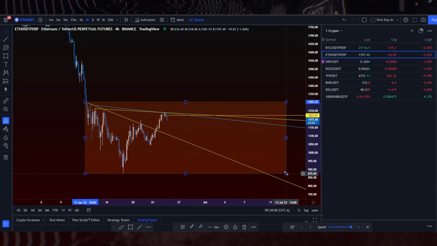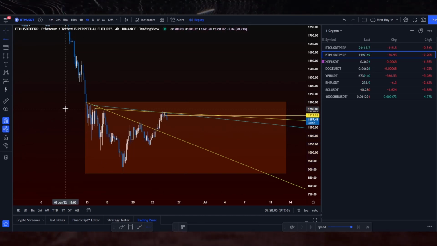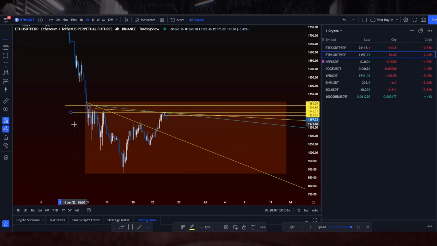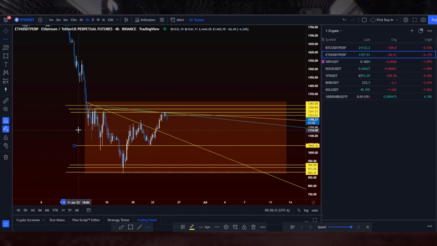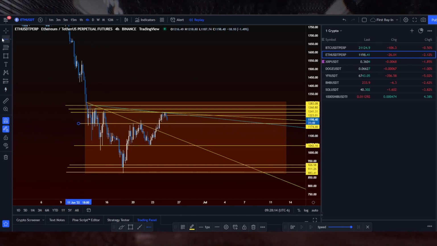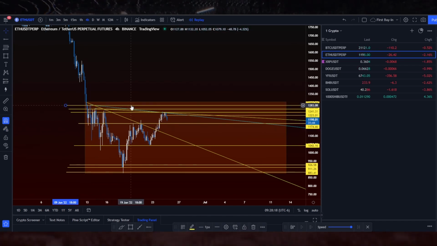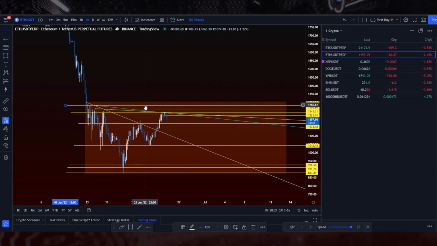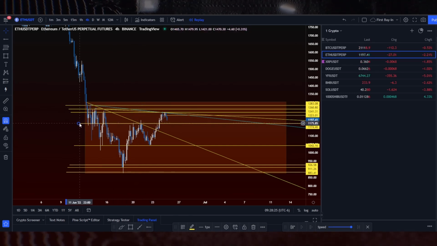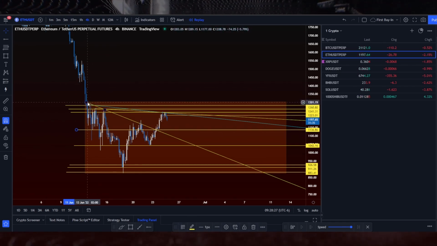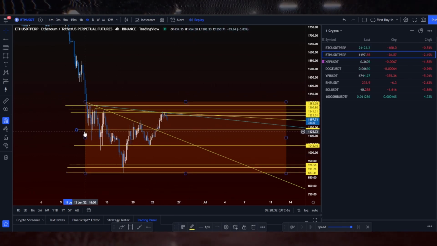So the closer you get, if you have a bunch of levels like here, here, here, and then here, here, here, and you also have levels like here and here, the closer you get to the tops and bottoms of the range means there's nothing left, which means the move is polarized. The more inside of a complete range you're in, the more scalp trades you should take.